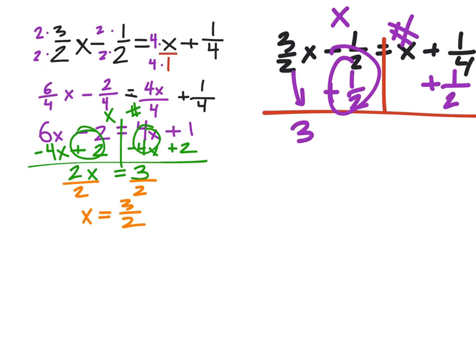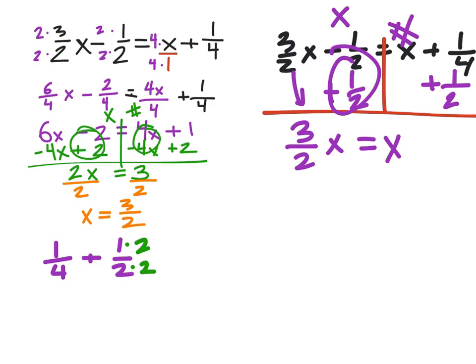And whether you do it in 2 steps or 1 is really up to you. But we get the 3/2 x equals x now, and then 1/4 plus 1/2. We can show the work down here. But again, I would recommend putting it into a calculator, and this is where that idea of getting the common denominators is really convenient, because then we don't have to worry about this kind of business, where we have to have common denominators before we can start adding and subtracting fractions.